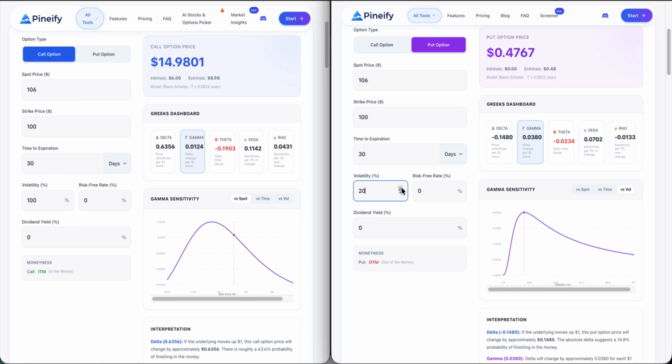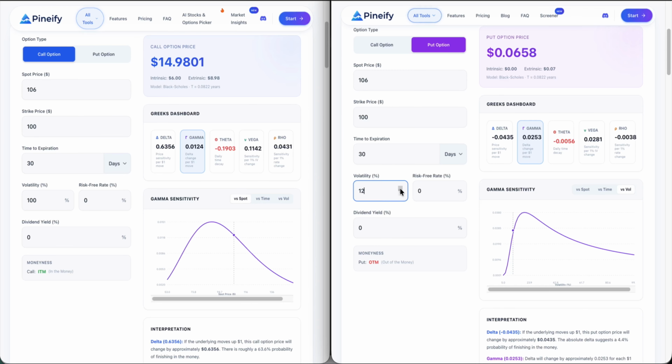Why does the gamma rise when the volatility falls from 100% to 20%, but then when the volatility falls from 20% to 10%, the gamma simply falls off very, very fast?